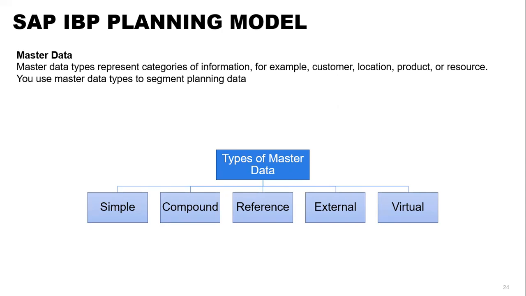The reference master data is used when there are two master data to maintain and there is a common reference point. For example, currency, or unit of measures, and the conversion factor of the unit of measures. There are two master data here.